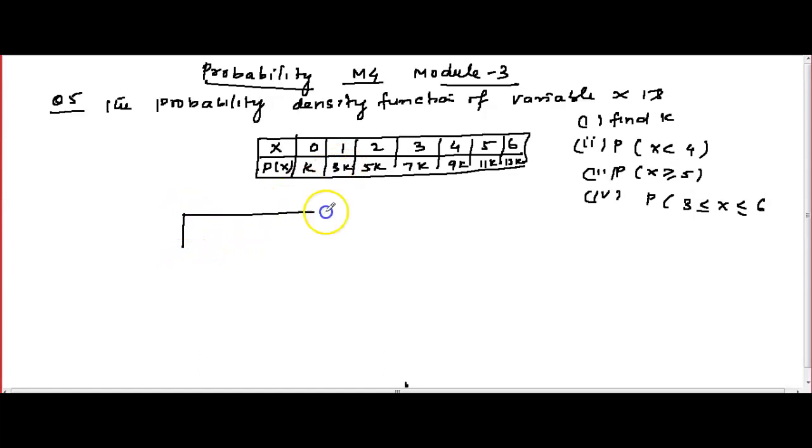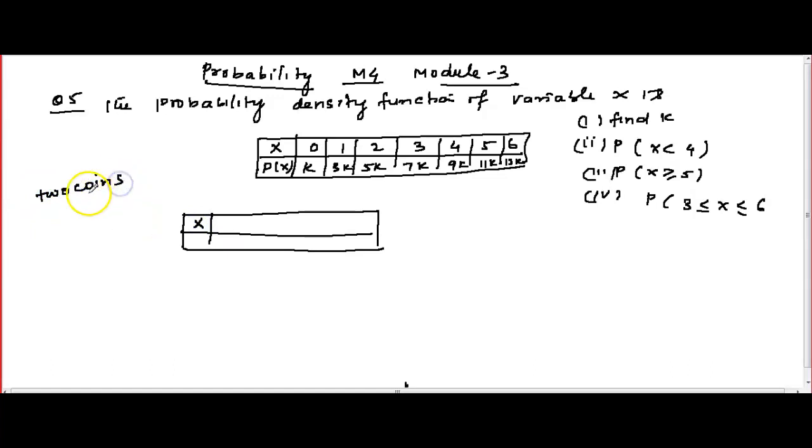Consider a table like this. Consider 2 coins, and we are spinning the 2 coins, and x indicates the number of heads that turn up. So what will be the sample space?